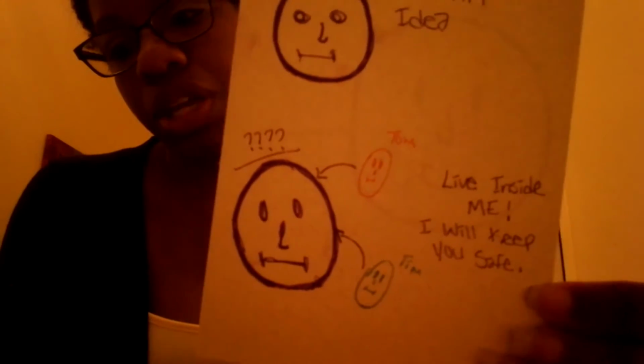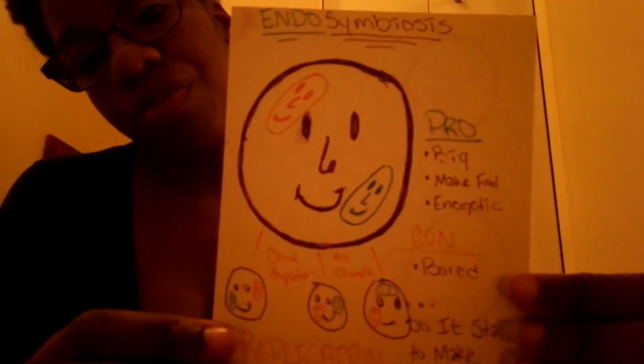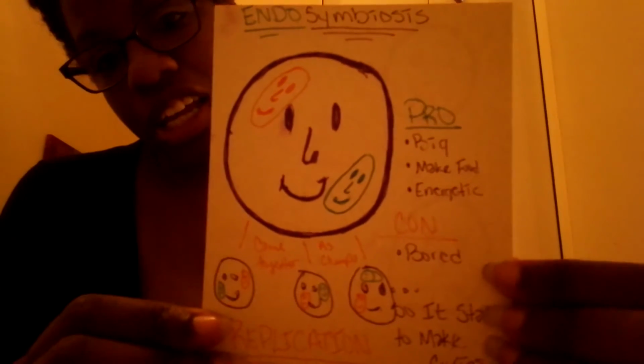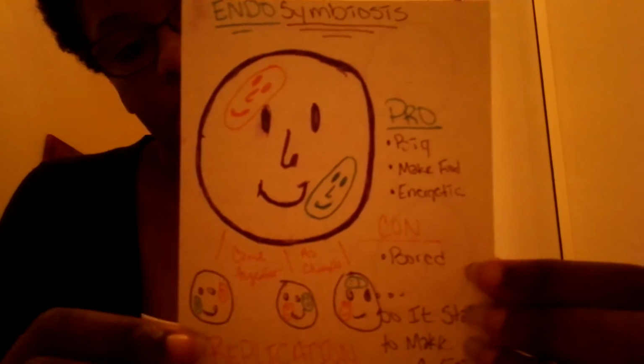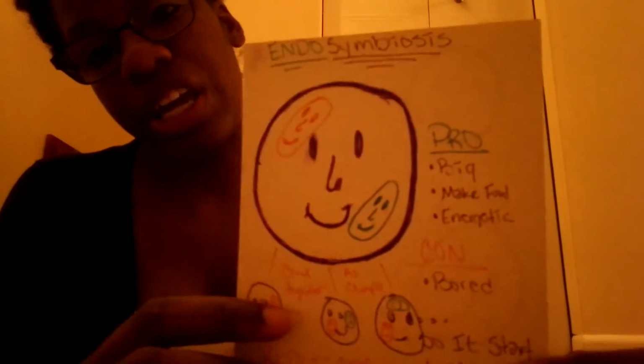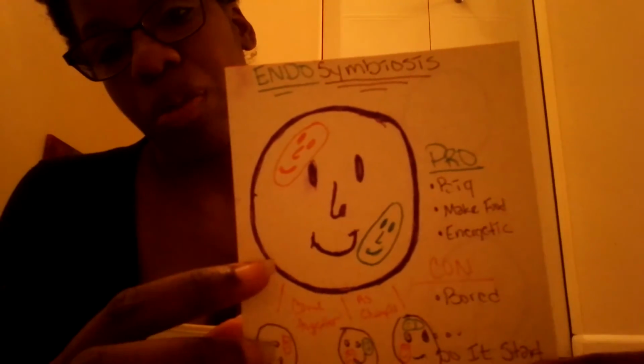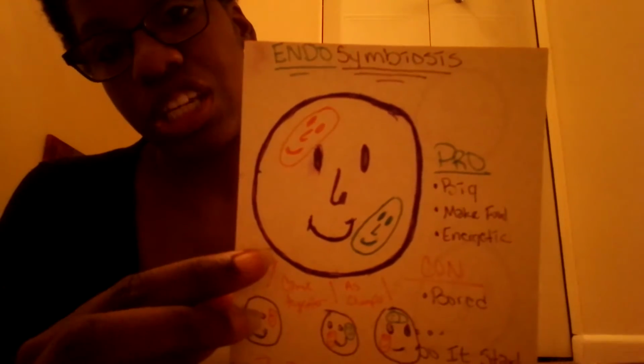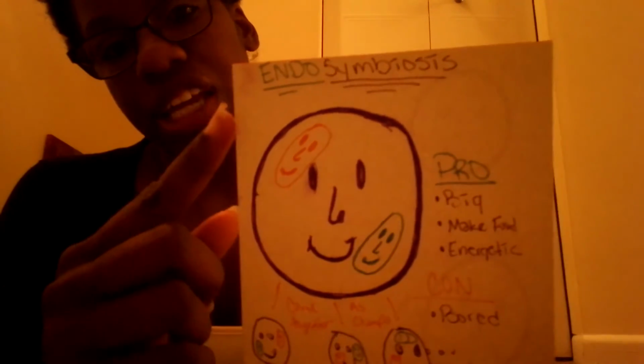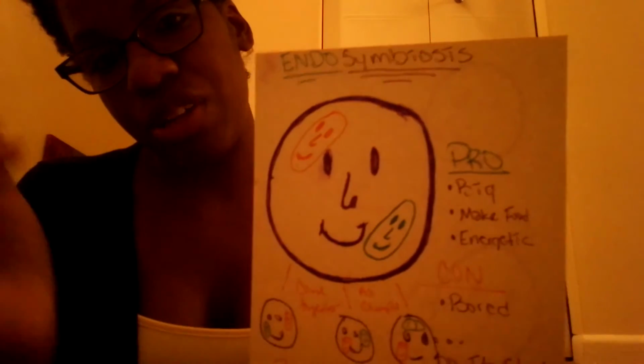We need someone big that we can live in and that can also protect us. So one by one, they enter into Big Sam. And here, as you see, they are all happy together, which gives us our endosymbiosis theory.